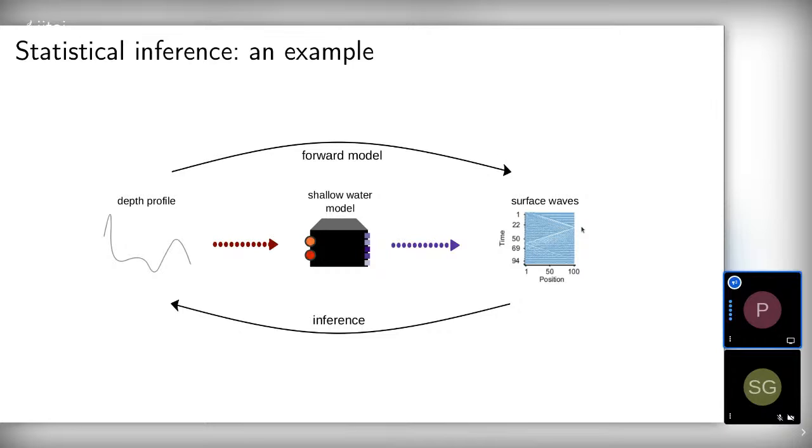And now you're asking, suppose somewhere out in the ocean, I observed certain surface waves. Then what is the depth profile at the bottom of the ocean that could have led to these waves? So, given these surface waves, you want to know what the depth profile could have been. So, this is the inference that you want to do. You want to infer the depth profile given the surface waves.